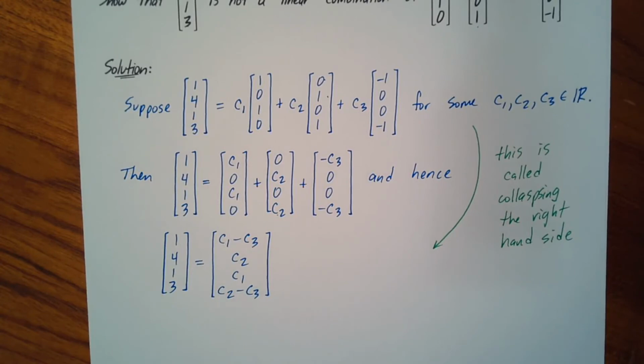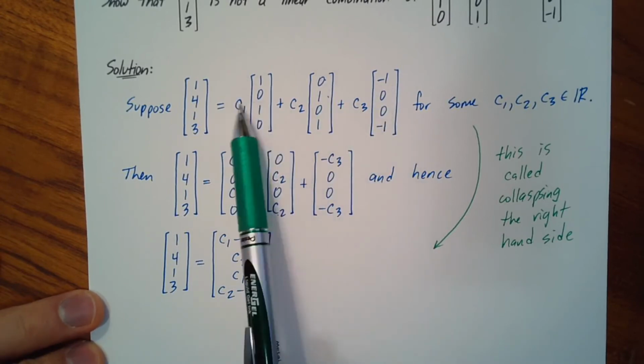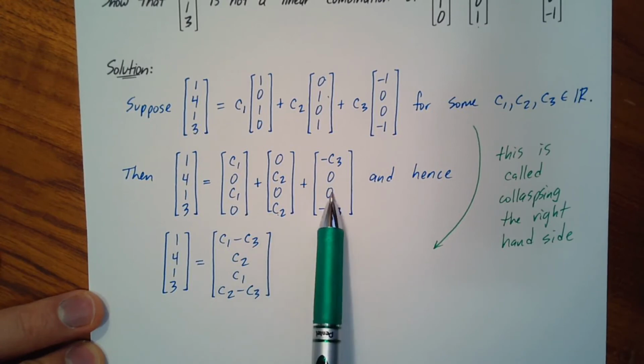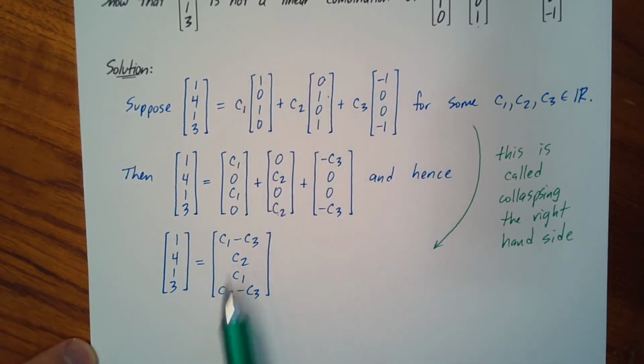Okay, so that's what I mean. If I use that phrase, just collapse the right-hand side, it's probably because I'm referring to something that looks like this form, and I really just mean multiply all the scalars in, like we did in this step, and then add the vectors together so that they're a single vector. So we've collapsed this all down into one vector.